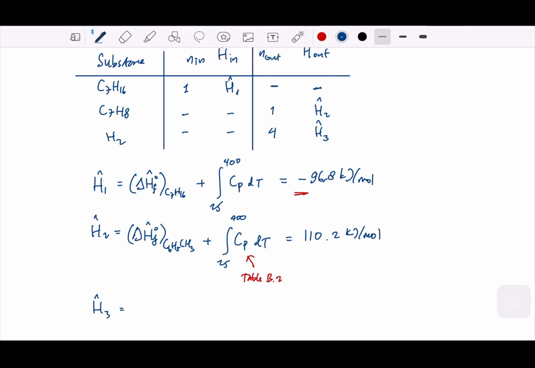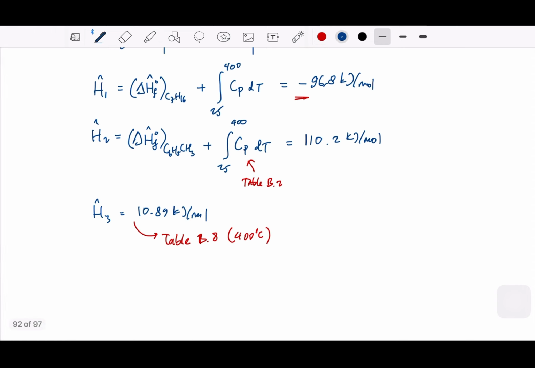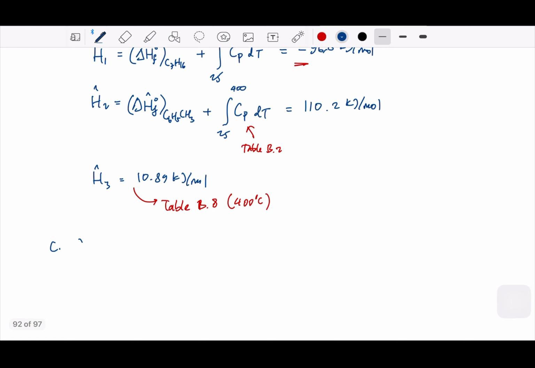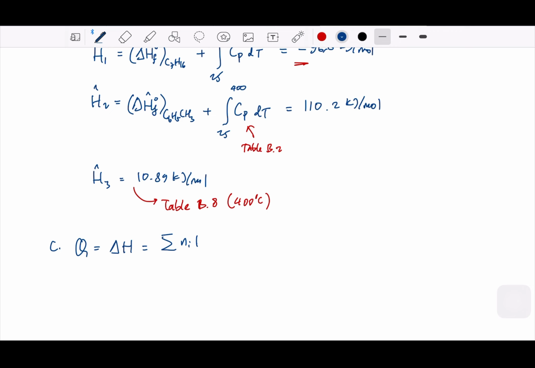For several gases that are in their elemental forms, we can get this directly from Table B8, at 400 degrees Celsius. So I think that's pretty obvious. And then the heat, we can take this as equal to the delta H, which is the difference between the enthalpy out and the enthalpy in.